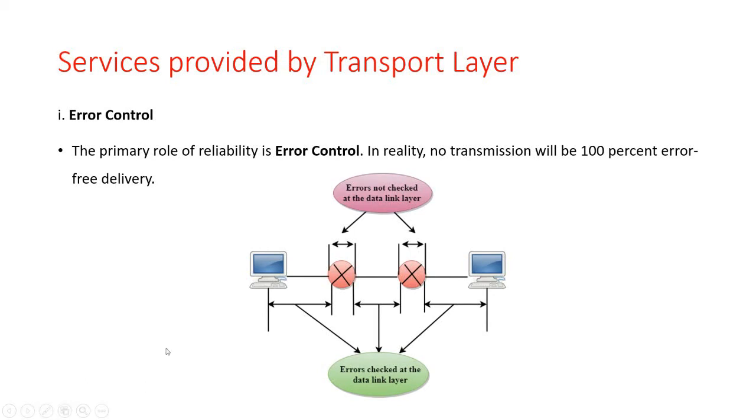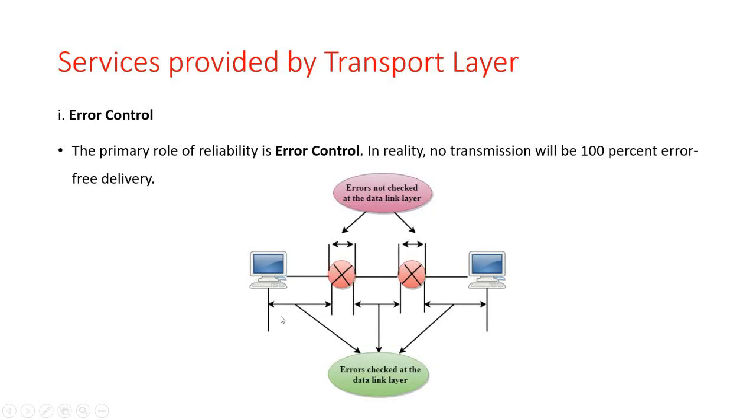So here we have one source and destination. We can send the packet from source to the destination. Here we are using the error checker at the data link layer. We check the errors at the data link layer, and these are the errors not checked at the data link layer.